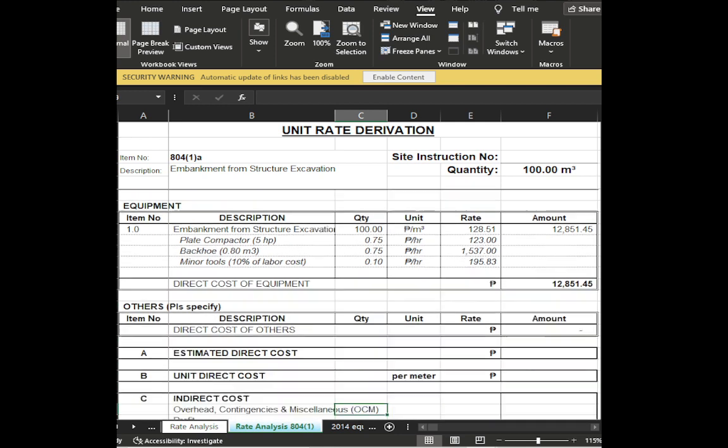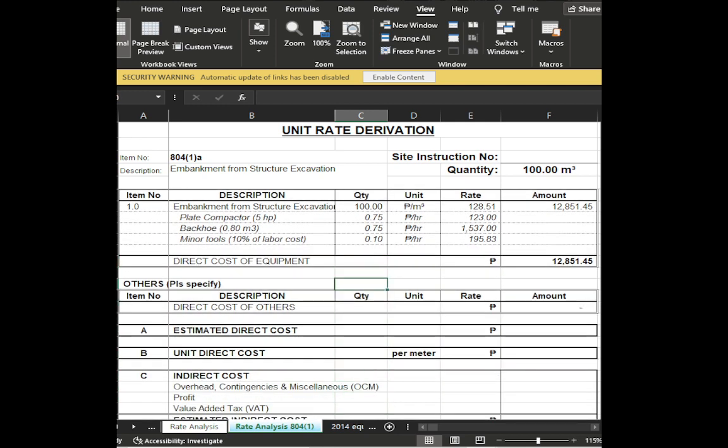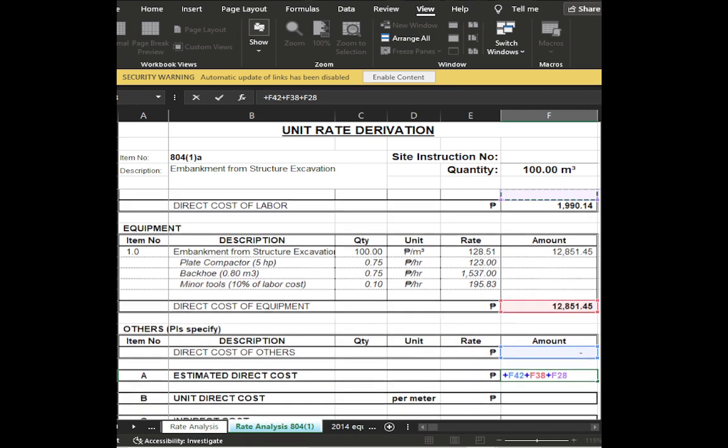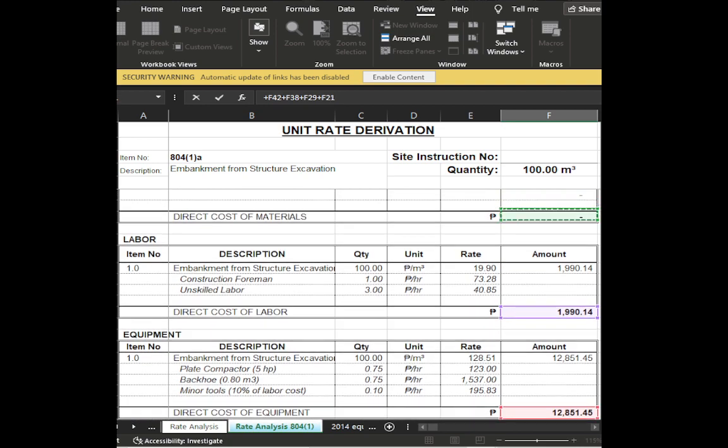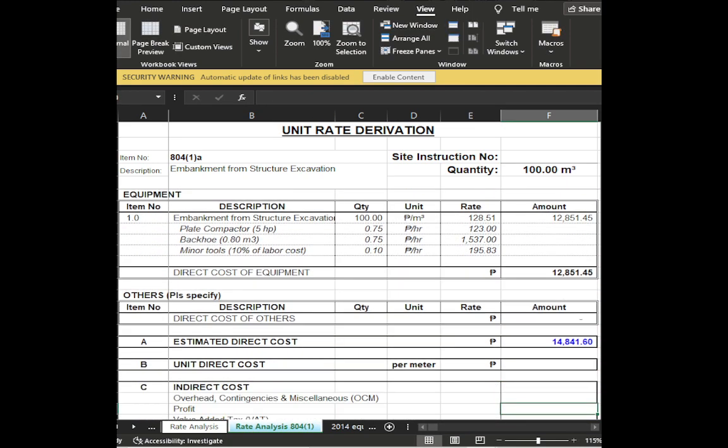Okay, so our estimated direct cost is the sum of this one, the equipment, and also the labor and materials. But we have zero materials, so our estimated direct cost is 14,841.6, the total of the labor and equipment.